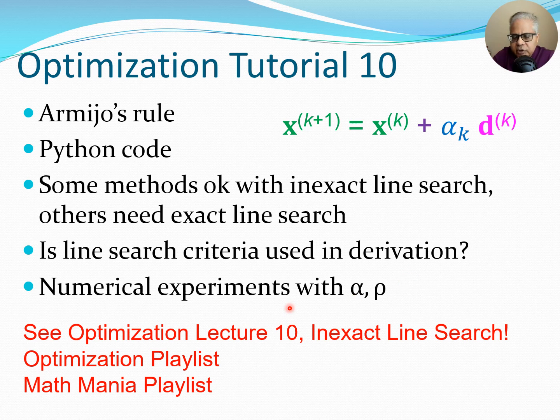Now in this method, I showed you some very simple examples, but of course you realize that this method can be coded in or improved by trying it out with different values of alpha and rho, and then selecting the best value depending on the value of the function. So you can actually run this for several values of alpha and rho in some for loops, for example, and then the value where the function is the minimum, you can take that value also.